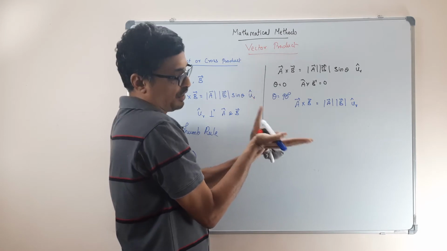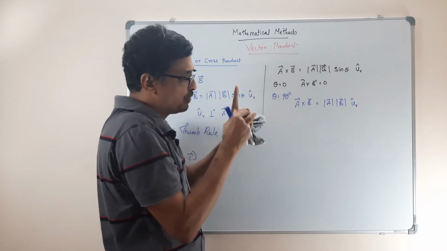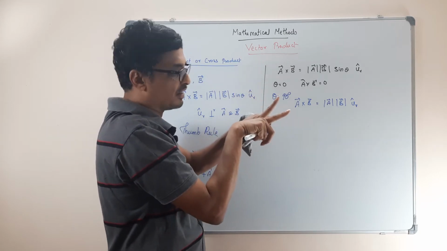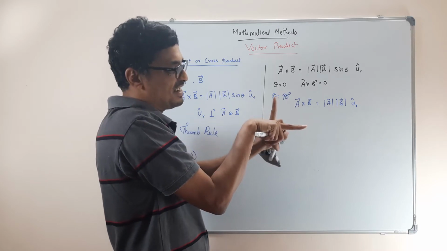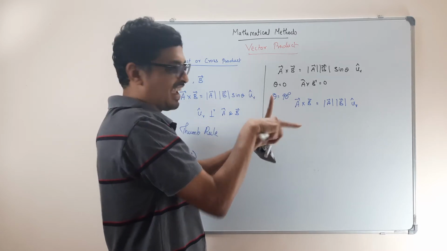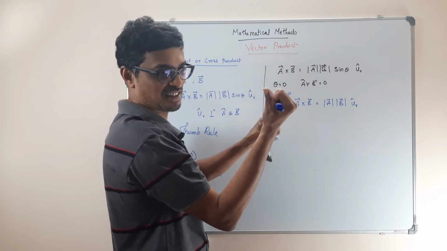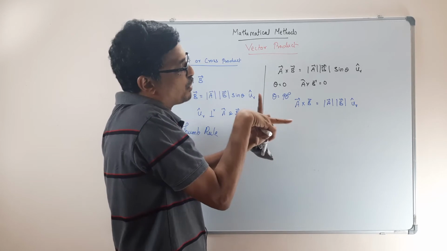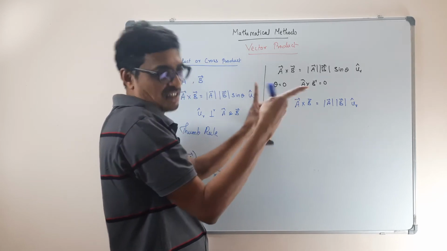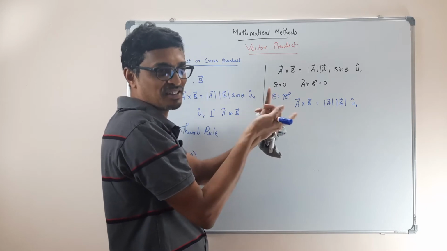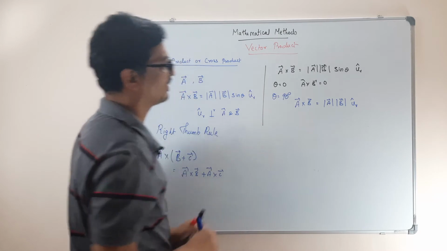In a vector product, you resolve the vectors into perpendicular components, that's why we take sin theta, then multiply both magnitudes and take a direction perpendicular to it. Now when both vectors are already perpendicular to each other, life is simple, just multiply the magnitudes. That is the maximum we are getting. You got it? 90 degrees.